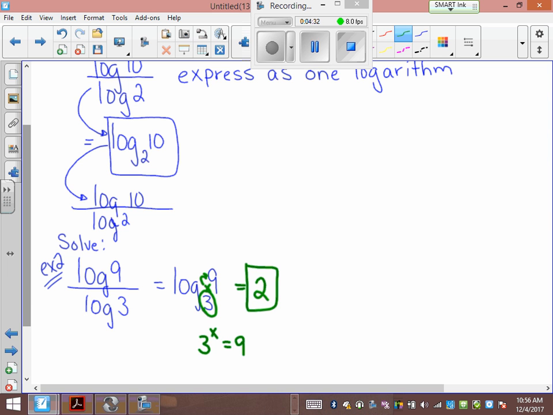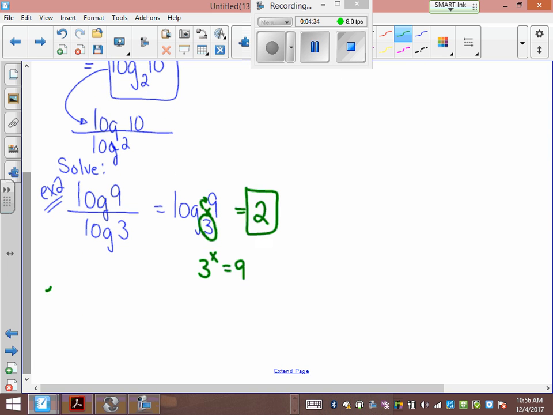So let's look at this. What would this answer be? Log base 5 of 125. 5 to what exponent is 125? 3.